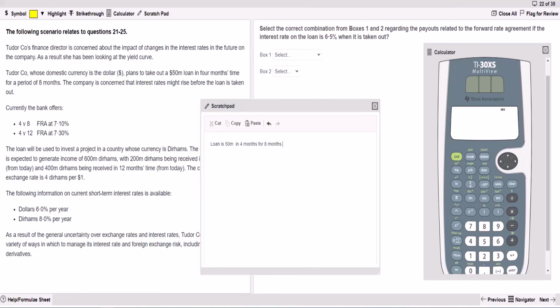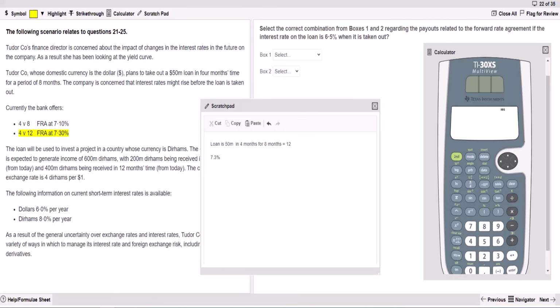So the applicable FRA starts in 4 months and ends in 12 months because we need it to be for 8 months. So 4 plus 8 equals 12. So we're going to be using this FRA. So the FRA therefore is at 7.3%.